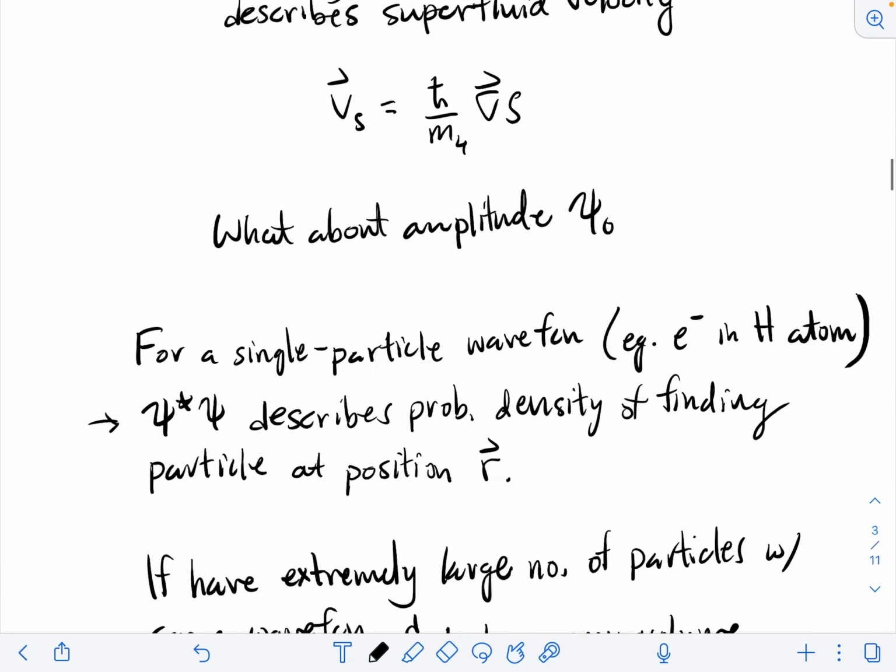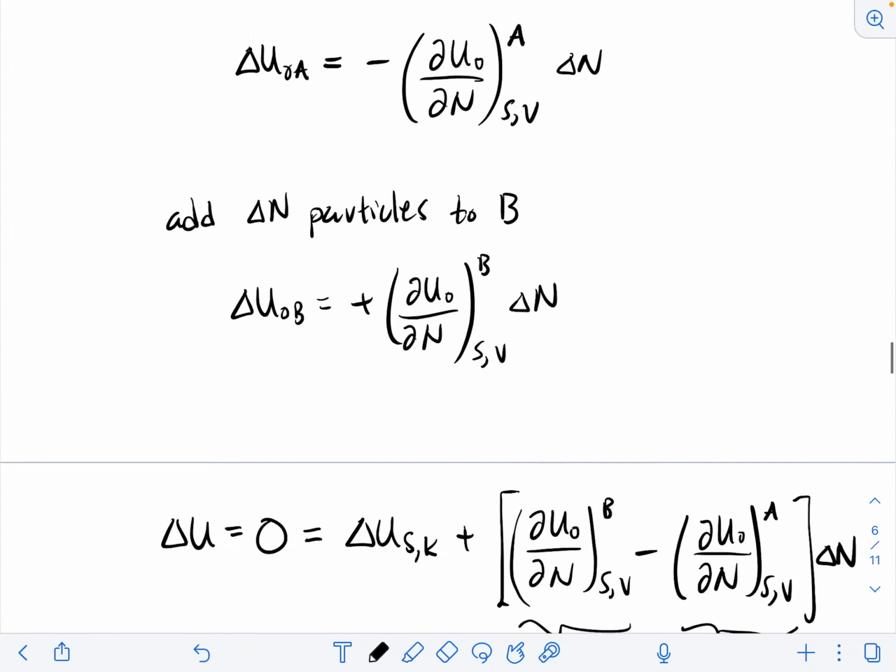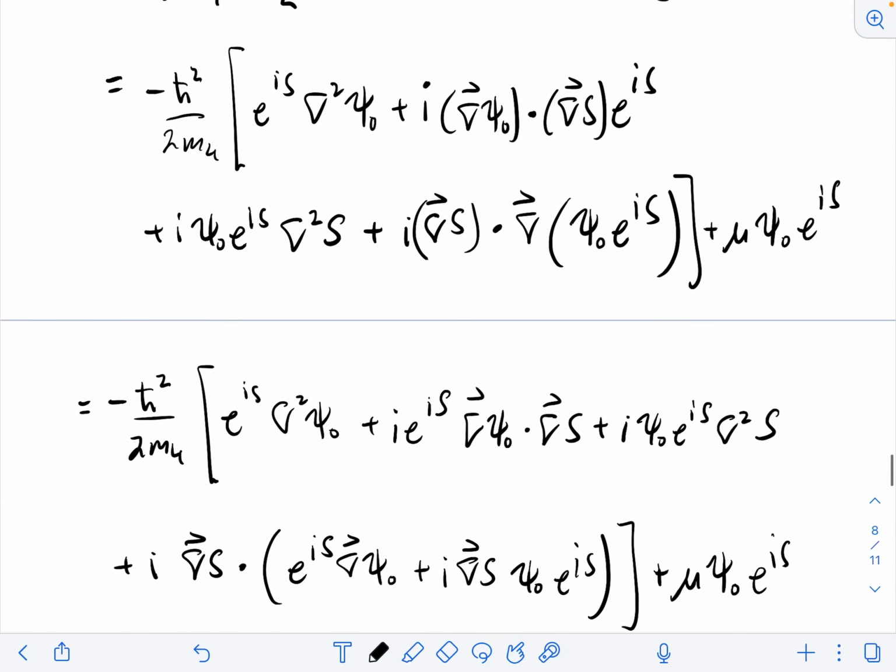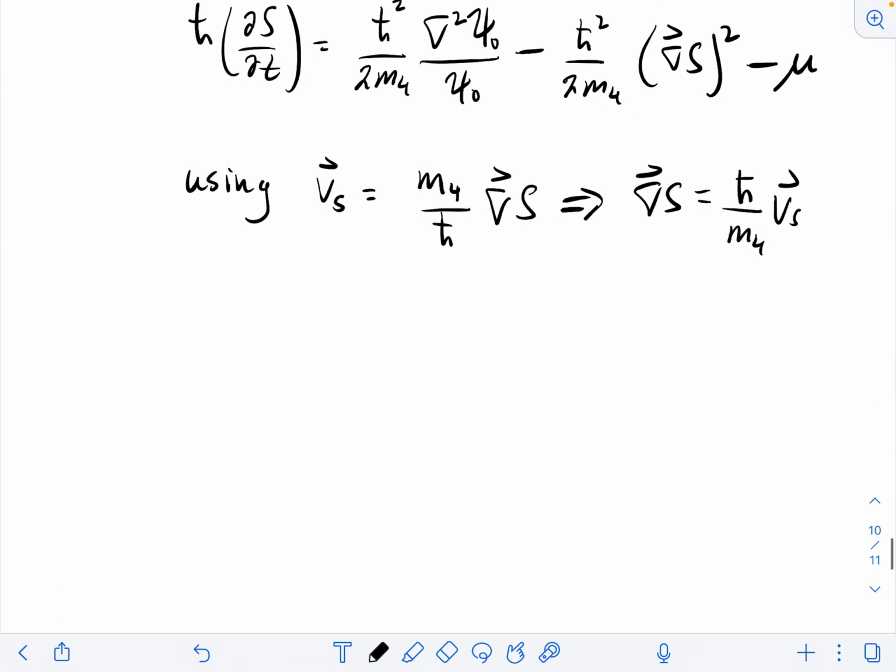Let's fix that. Vs is ħ over m times the gradient of S. So that means the gradient of S is m over ħ times the superfluid velocity.